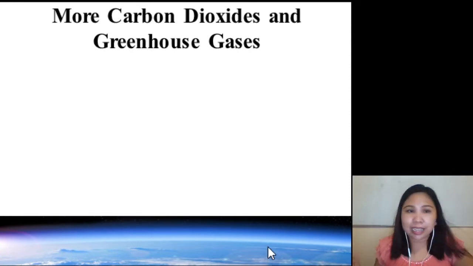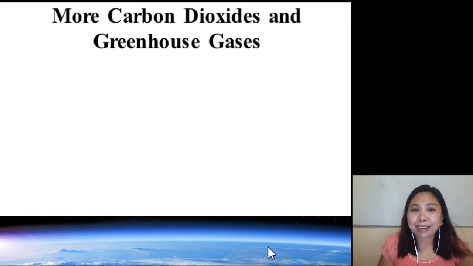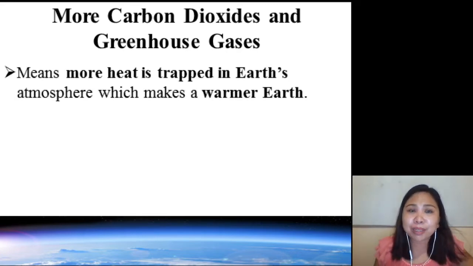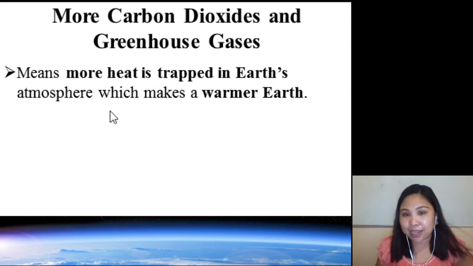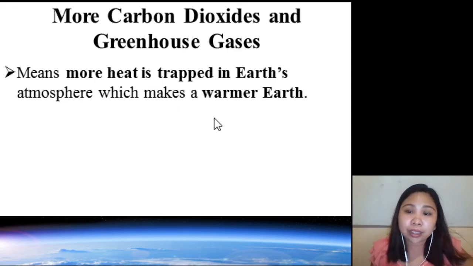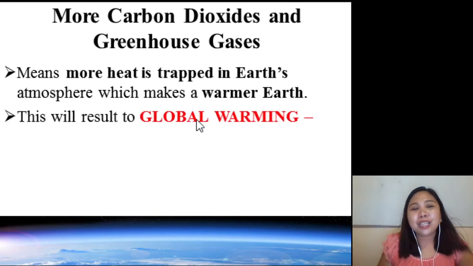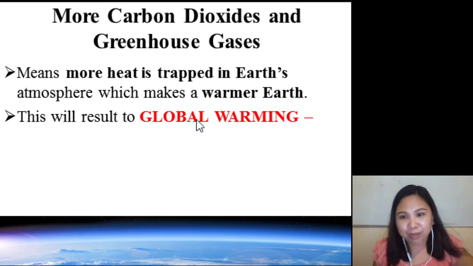To give you an idea, when there are a lot of carbon dioxide and greenhouse gases in our atmosphere, class, it means more heat is trapped in the Earth's atmosphere, which will make our Earth warmer. When our Earth becomes too hot, it will lead to global warming.